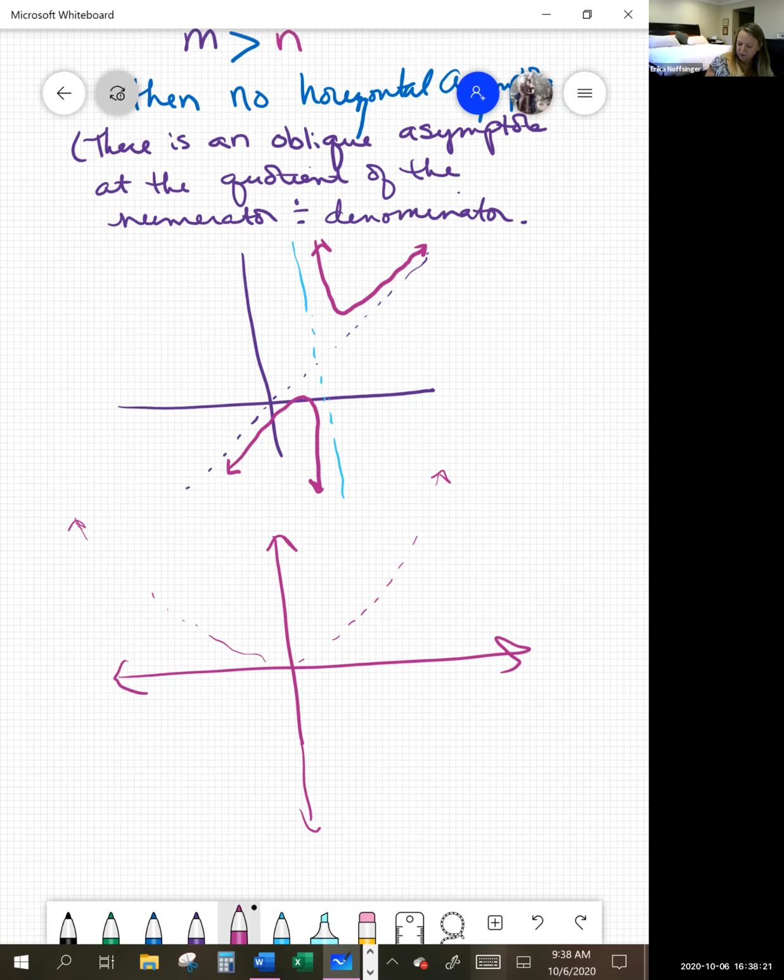We'll talk about those more later. Right now I don't want to concentrate on the oblique. I want us to get better at the other ones.